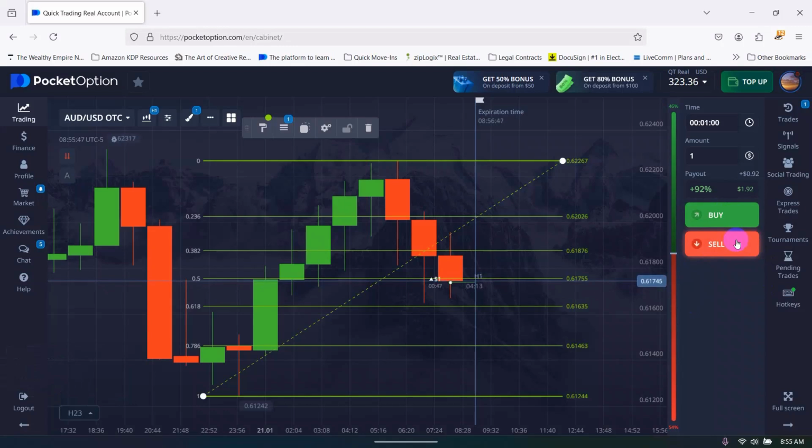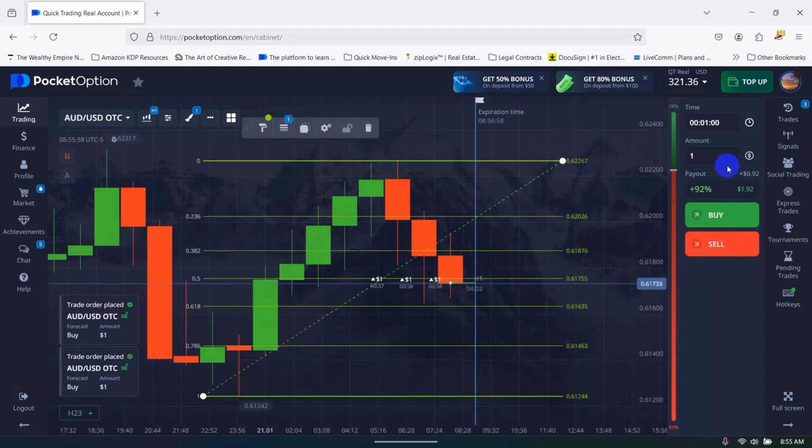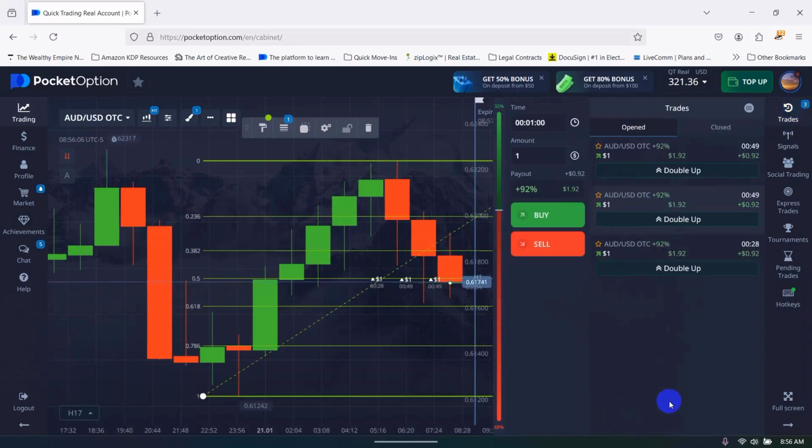Now I took that trade for 1 minute, and if it comes down here, let's see how it reacts. So we have 3 trades right now. I took them for 1 minute. Let's see what happens if it will go ahead and go up.